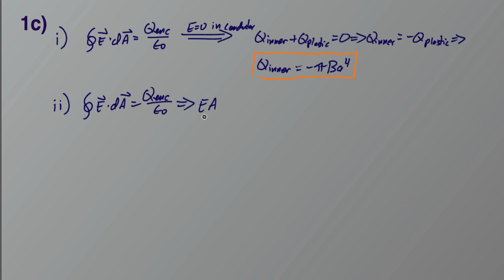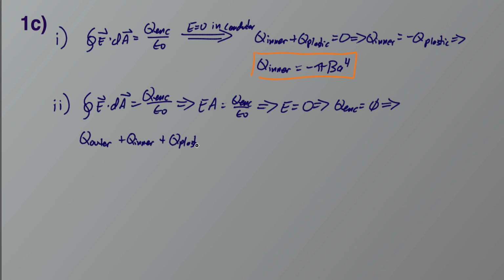If the electric field out there is 0, that means Q enclosed must be equal to 0. Now, for Q enclosed to be 0, the charge on the outer surface of our conducting shell plus the charge on the inner surface plus the charge in our plastic sphere must sum to 0.